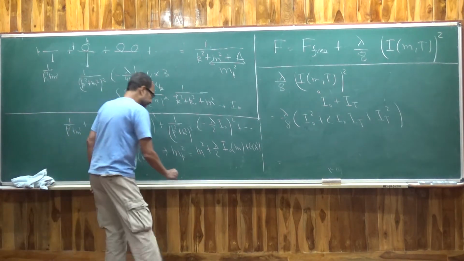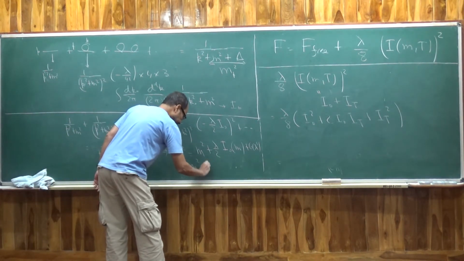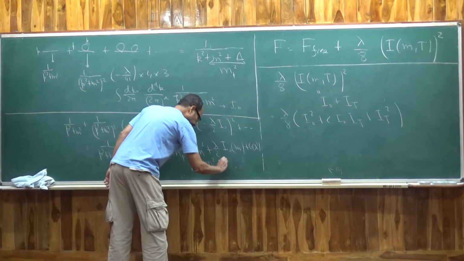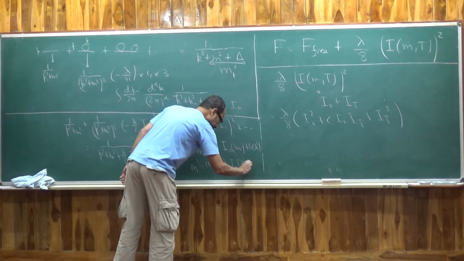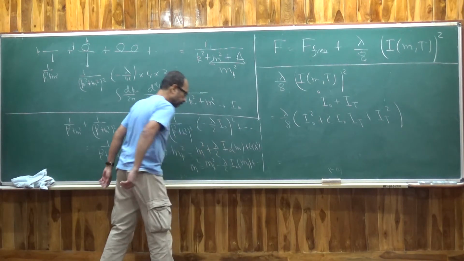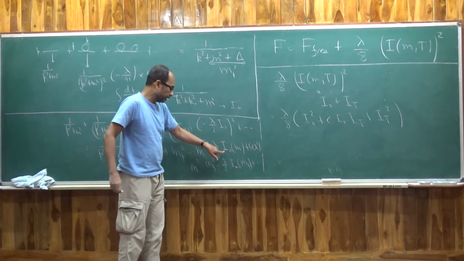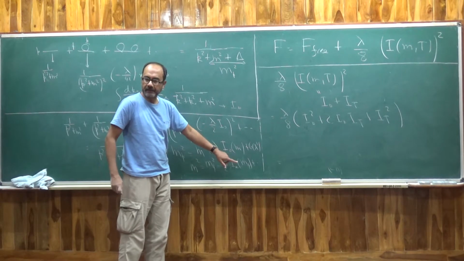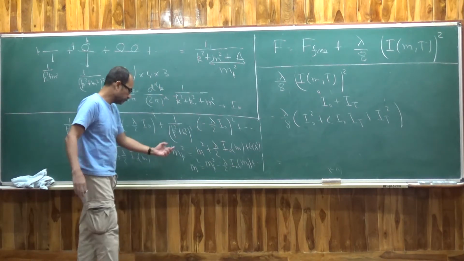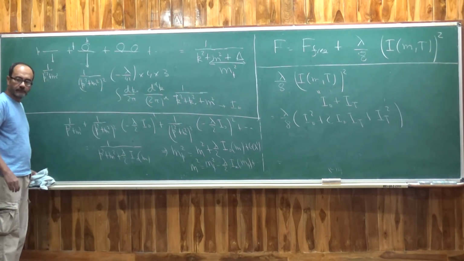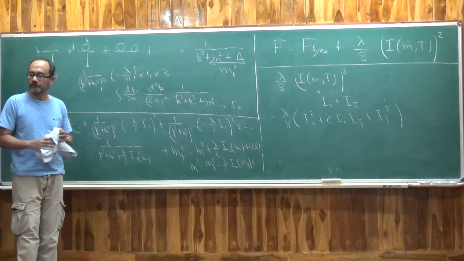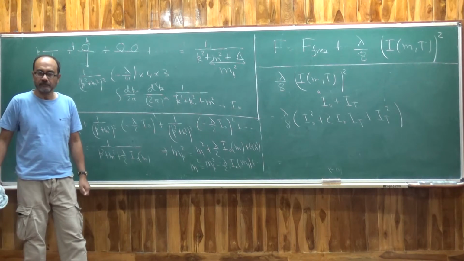We can also write this as M square as MP square minus lambda over 2 I0 of MP plus order lambda square. Okay, because inside I0 whether you write M or MP doesn't matter, the difference is of order lambda square. Okay, so I can just rewrite it this way. Is this clear?